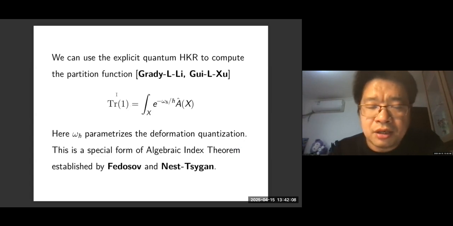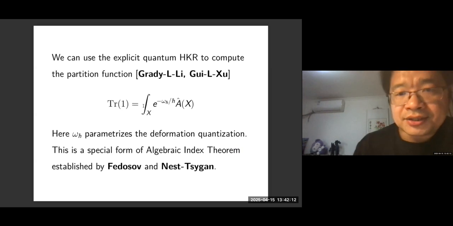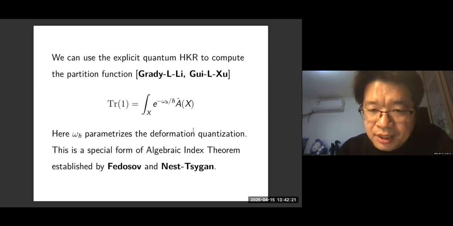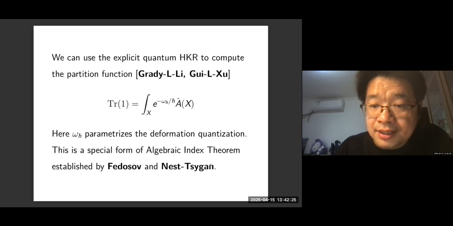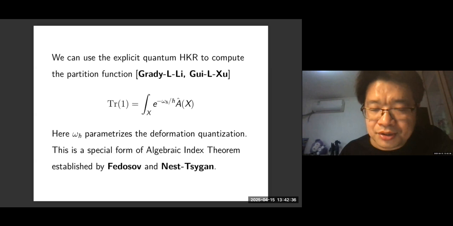For example, you can incorporate a bundle on X and get Chern characters and things like that. This also works, but this is only the simplest case. So this algebraic index theorem is pretty strong. And later, Nest and Tsygan showed using microlocal analysis that this algebraic index theorem implies the analytic Atiyah-Singer index theorem. So this is actually quite an interesting result.